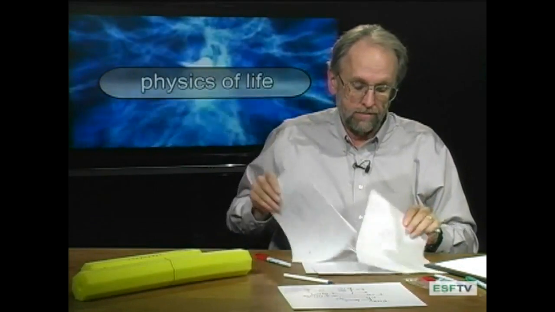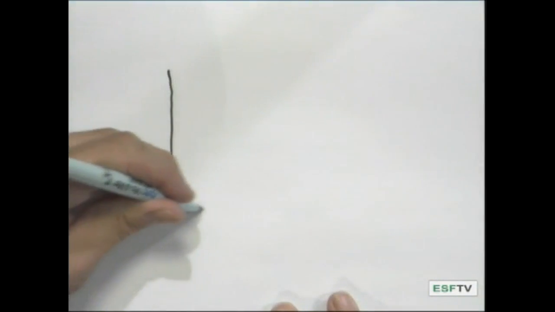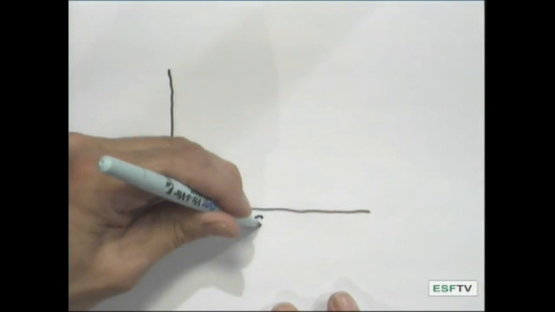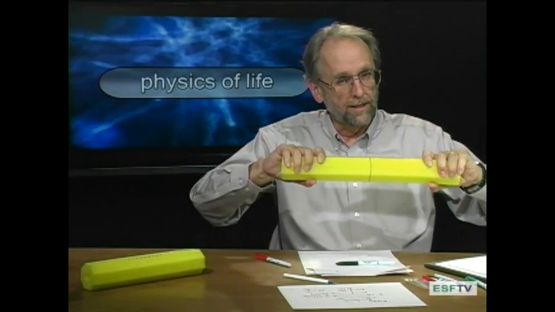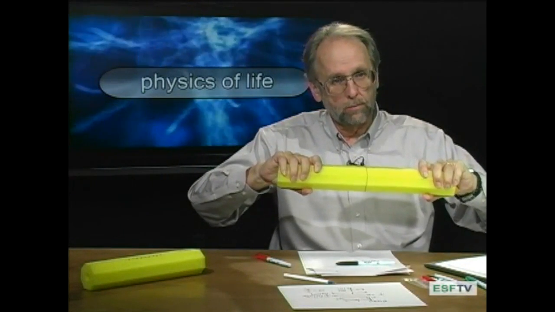All right, now let's take a look at what happens with certain kinds of things that are under stress and strain. One of the things we can do is plot the degree of strain on an object against the stress on that object. It stands to reason that if I pull on this object a little bit, the deformation won't be very great.